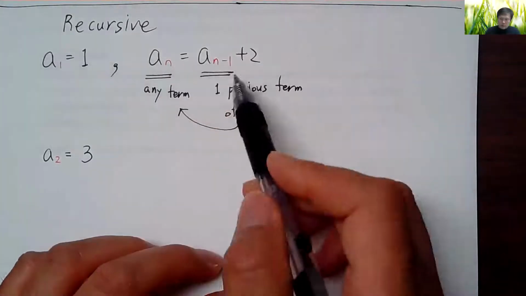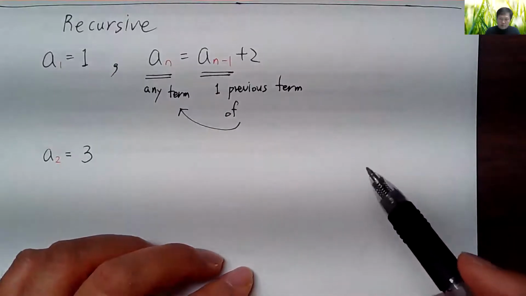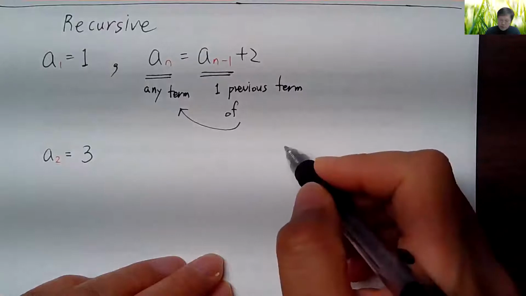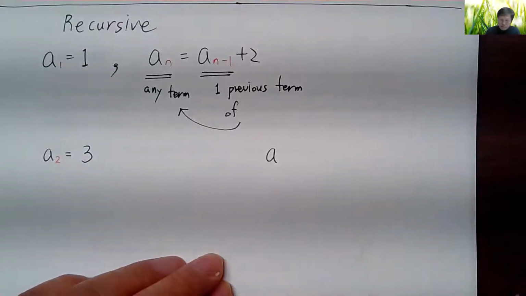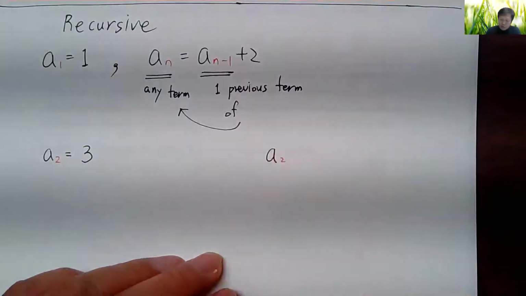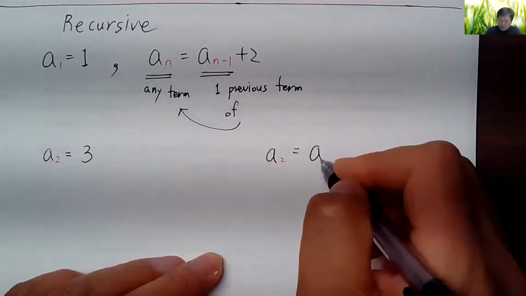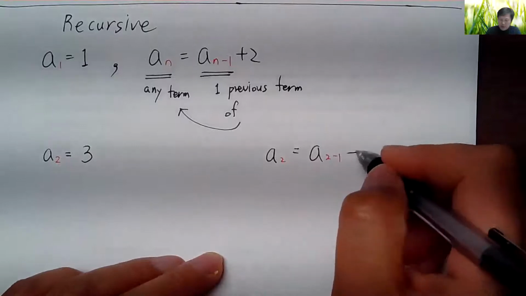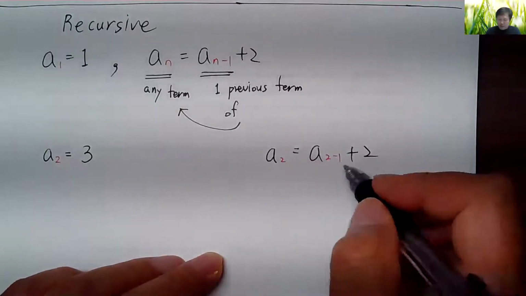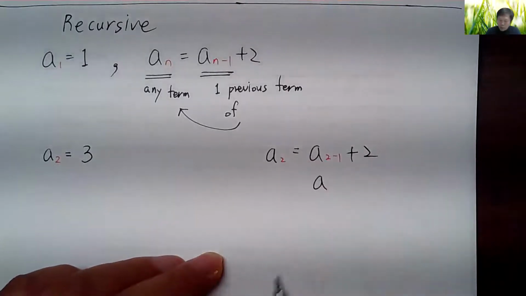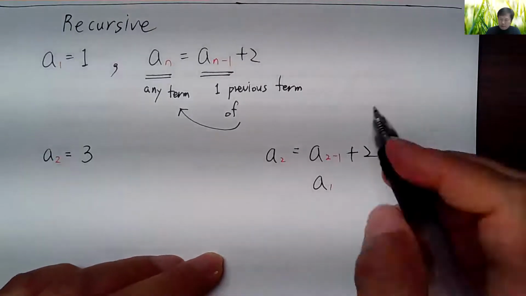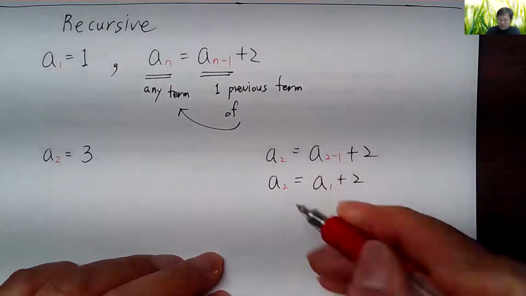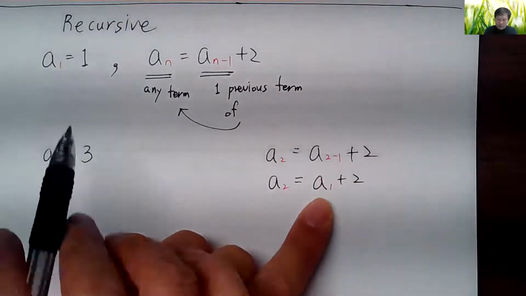Here there's a way you can mathematically plug in value of n equal to 2. That becomes a sub 2 equal to a sub 2 minus 1 plus 2, becomes 2 minus 1 is a sub 1 plus 2, which becomes a sub 1 is 1 in this case.